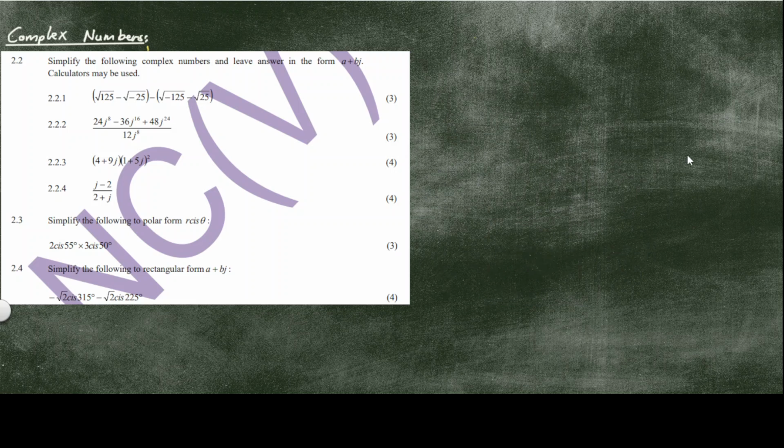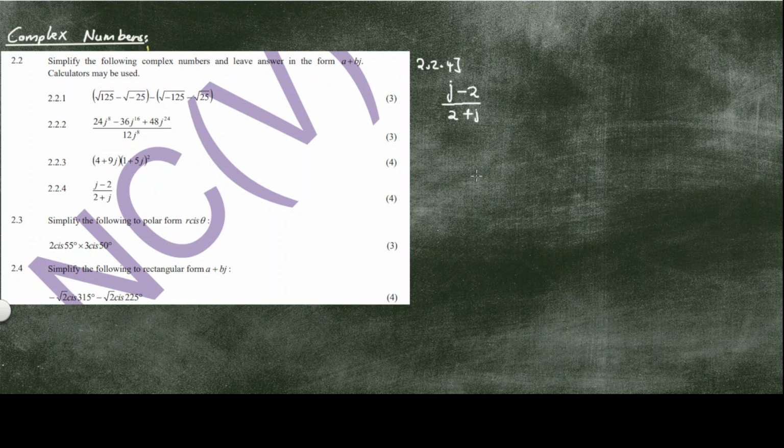Okay, now let's take this down. 2.2.4. What is really happening here? They want us to simplify. We're gonna multiply with the conjugate of 2 plus j.